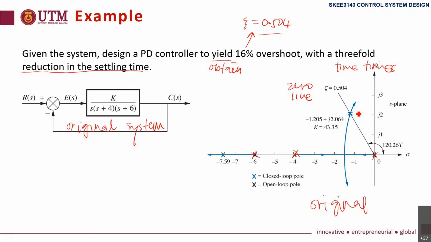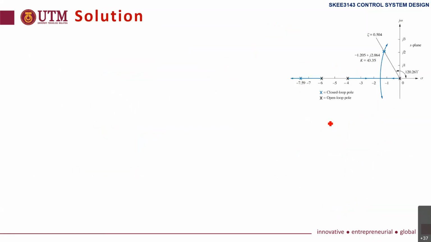And this is the dominant pole of the system: s equals minus 1.205 plus or minus j 2.067.